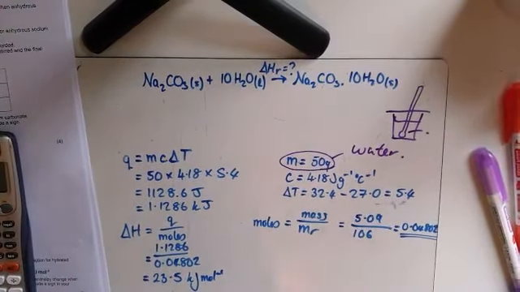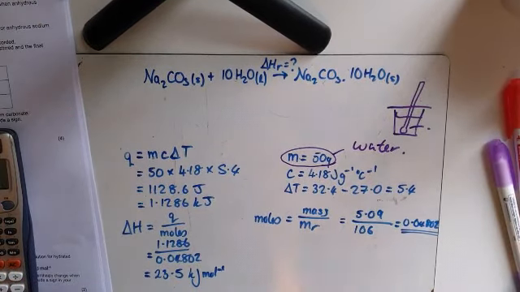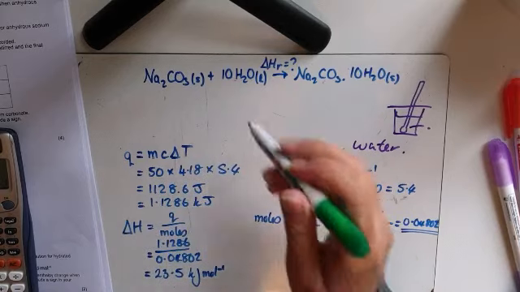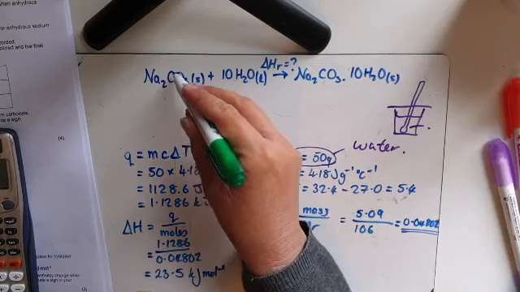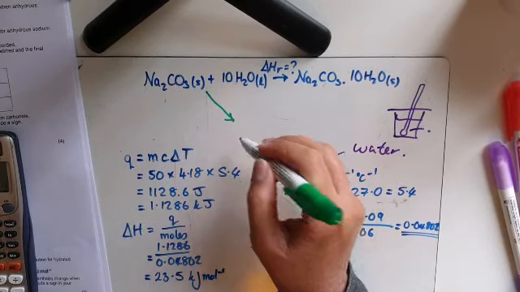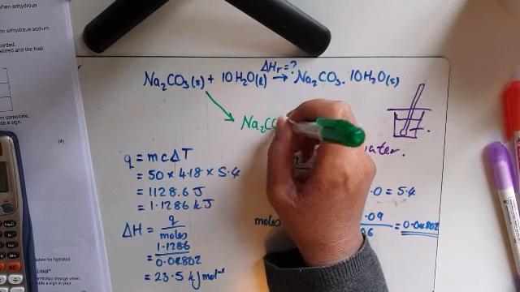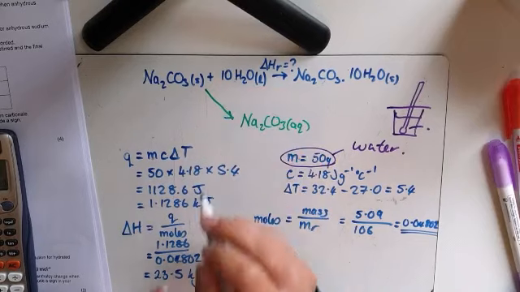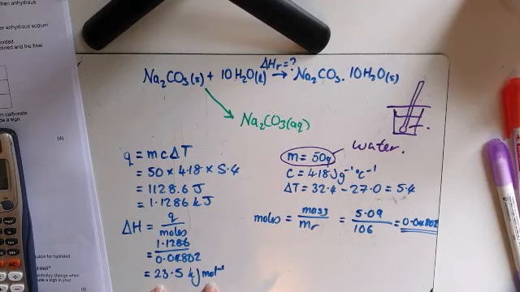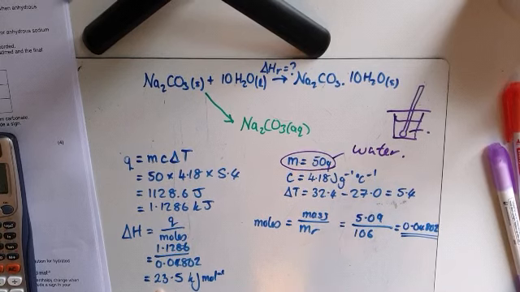Now, I'd like to show you where that fits on the diagram above. So let's take another colour. Now this diagram above, we said we needed to do 2 experiments, and this is the first one. And this is the sodium carbonate with lots of water making the sodium carbonate. So it's Na2CO3 AQ. That's what goes at the bottom here. We've just worked out that it's 23.5 kilojoules per mole. Now, we already said that it was exothermic.